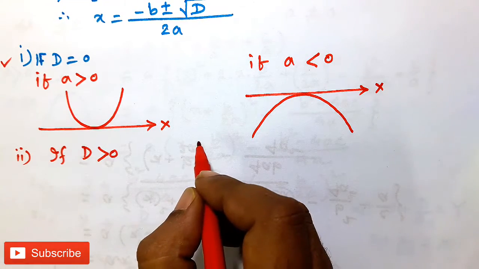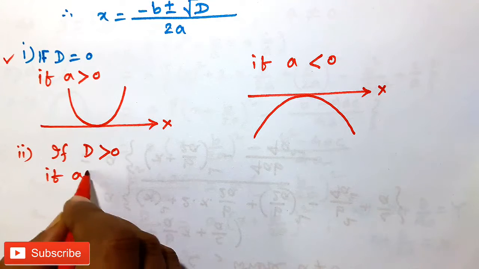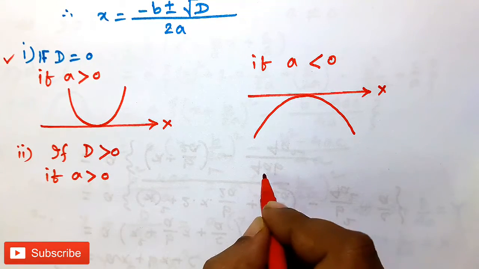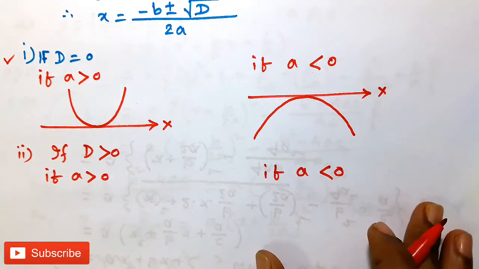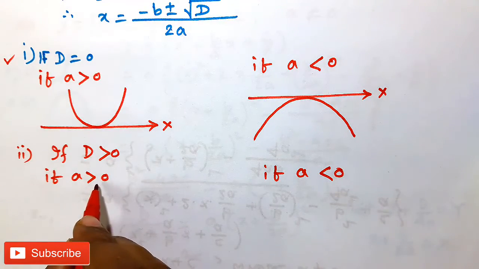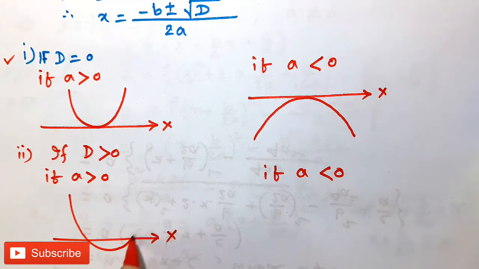Now again the case arises if a is greater than 0. Second case is if a is less than 0. Okay? If a is greater than 0, then the parabola will cut x-axis in two distinct points and simultaneously the parabola opens upwards. Okay, like this.